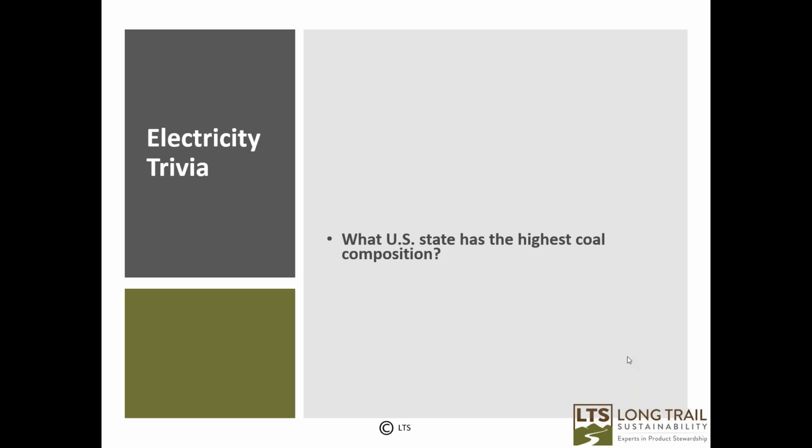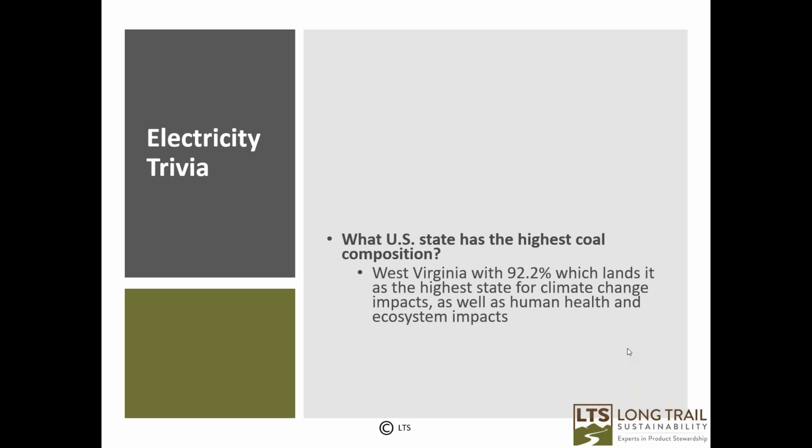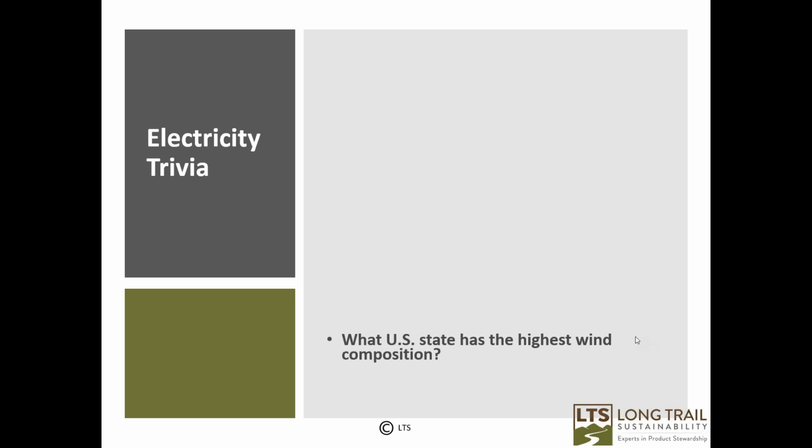Ohio. All right, so the state with the highest coal composition is West Virginia. Kudos to those who guessed that, with 92.2%. This also lands it as the highest state for climate change impacts, as well as the highest human health and ecosystem impacts.